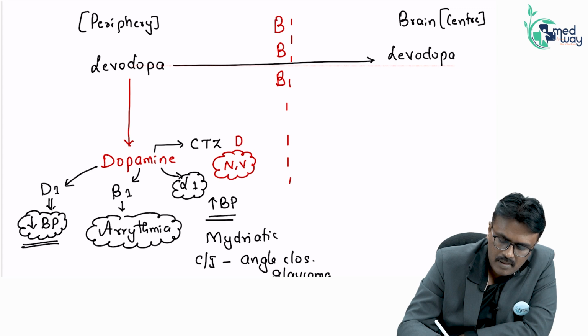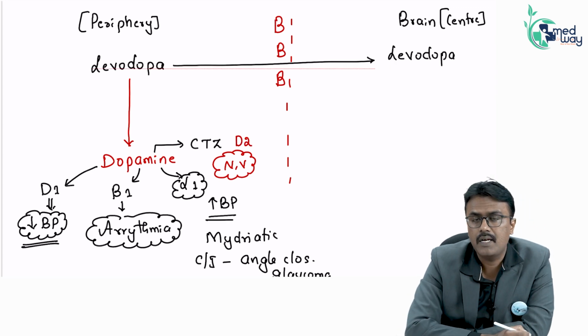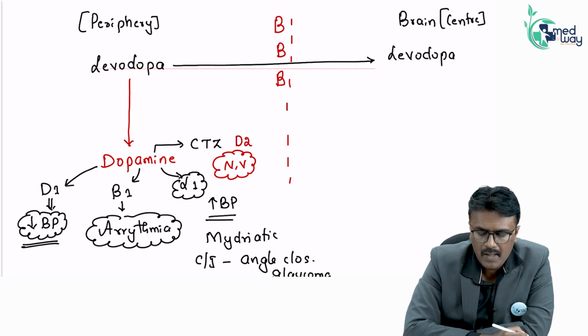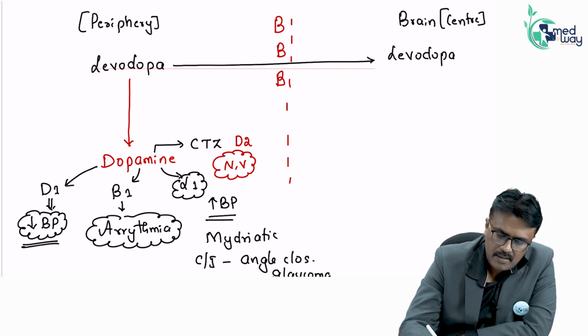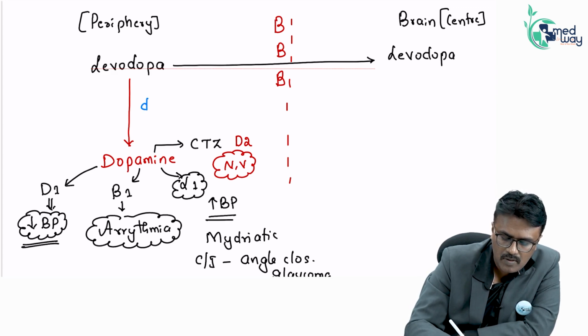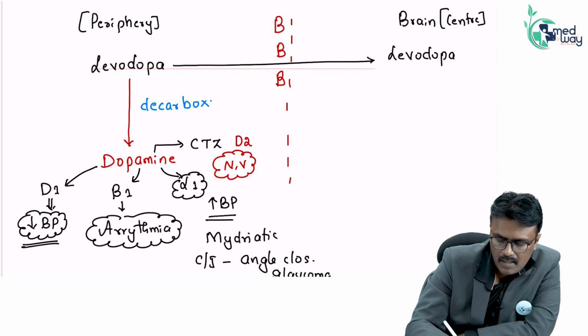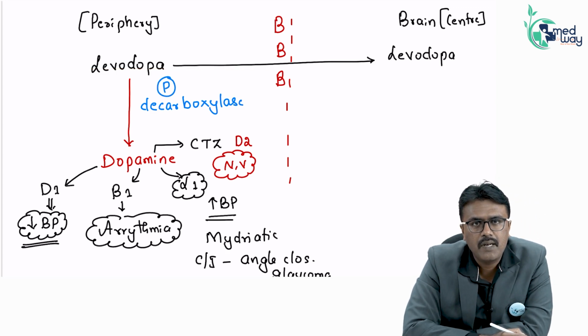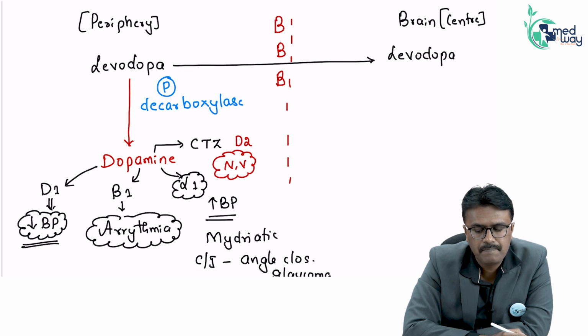The receptor is D2, and they develop nausea and vomiting. Then who will convert levodopa to dopamine? The enzyme is called decarboxylase. This decarboxylase, which is acting in the periphery, is called peripheral decarboxylase.